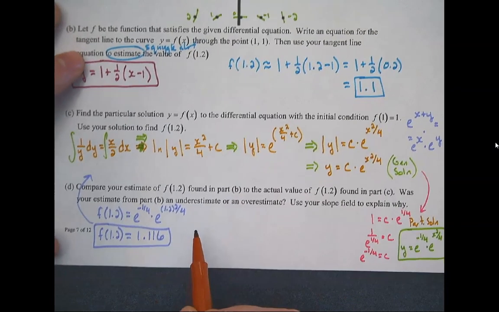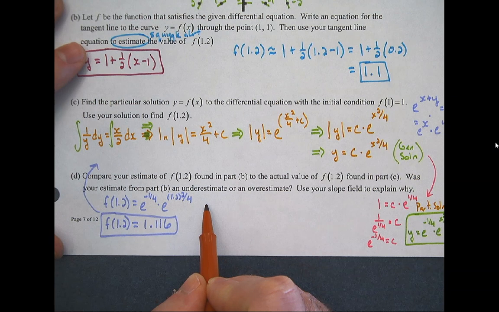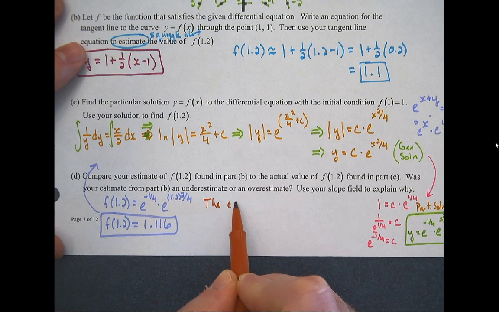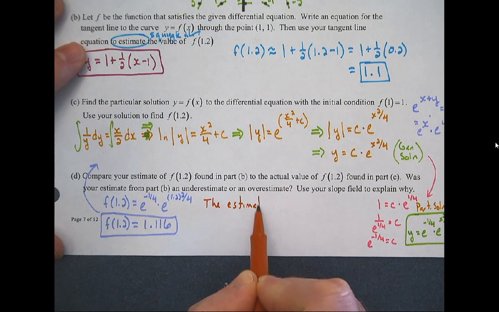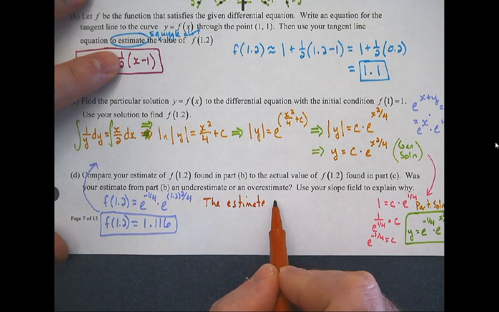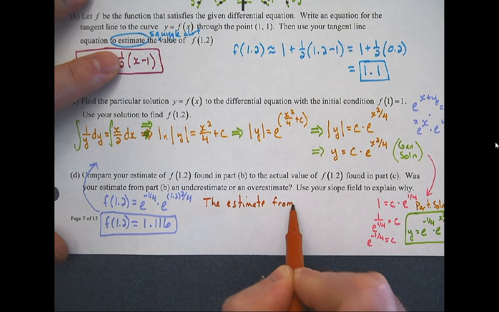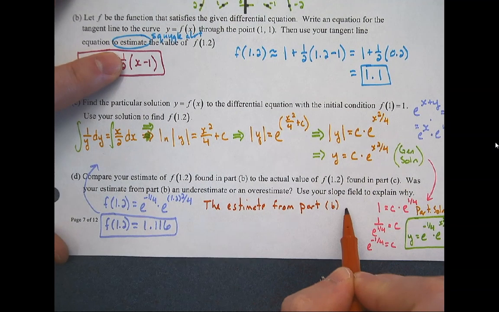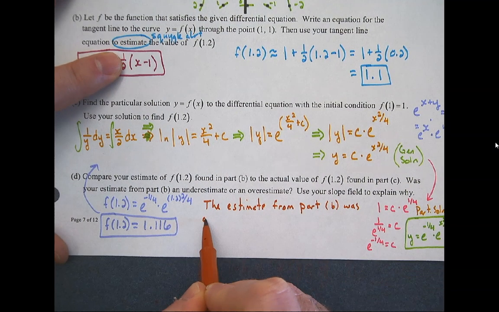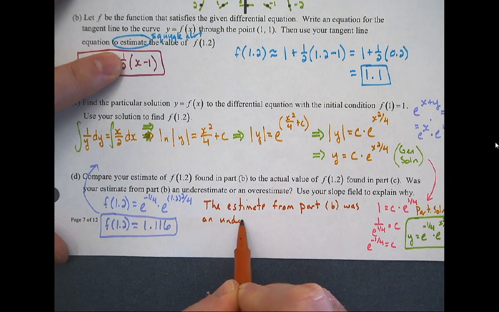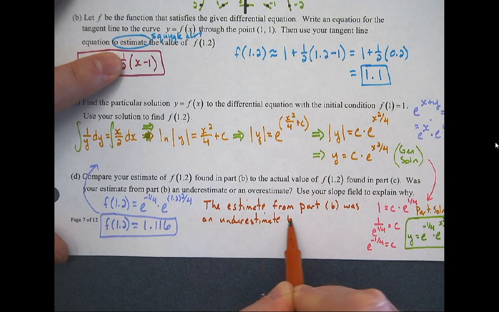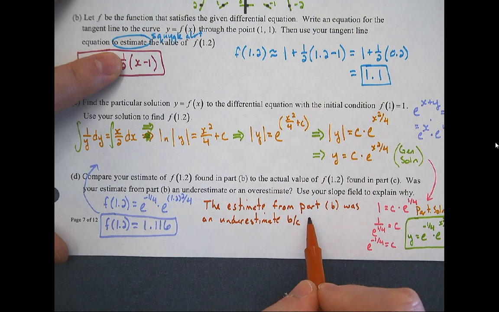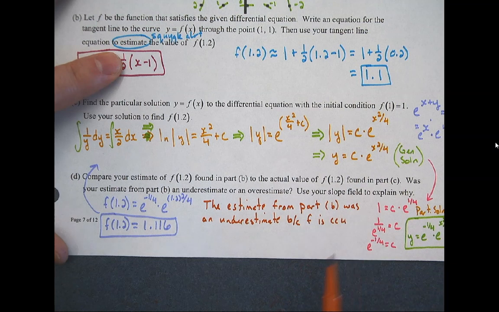I might just say the estimate from part B was an underestimate because f is concave up.